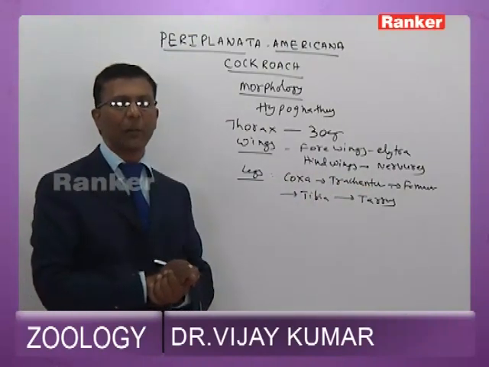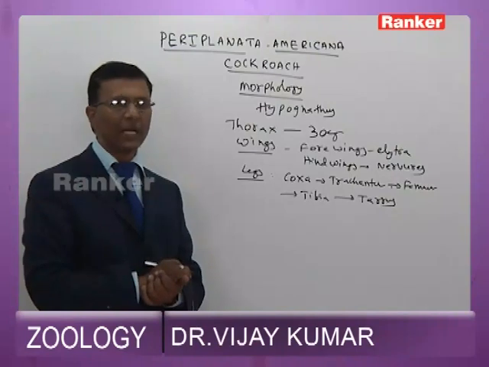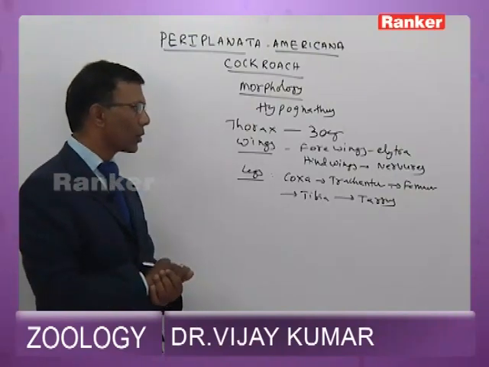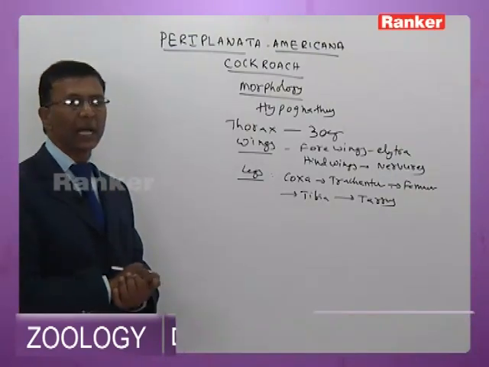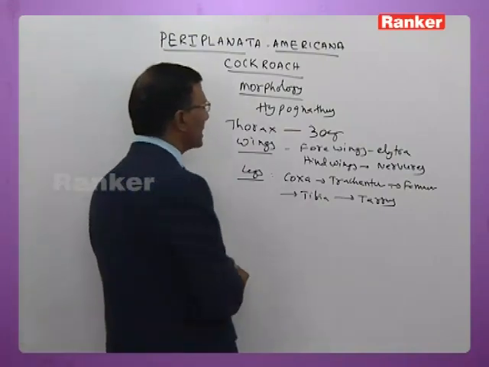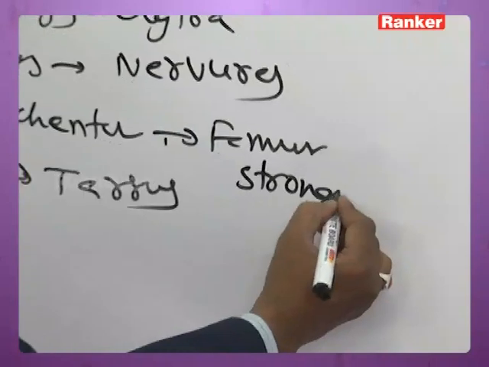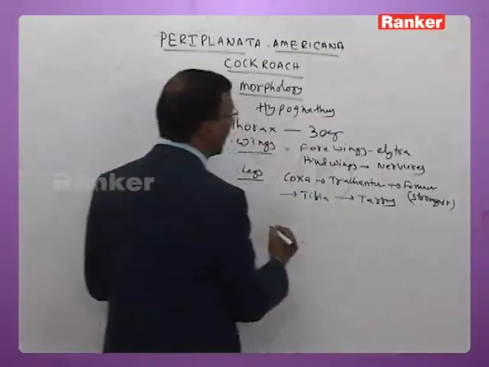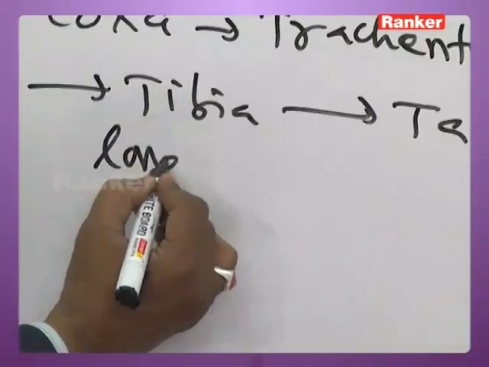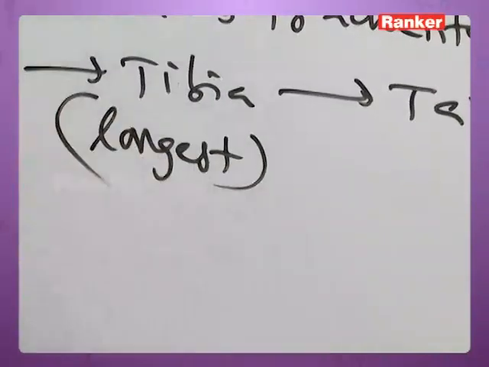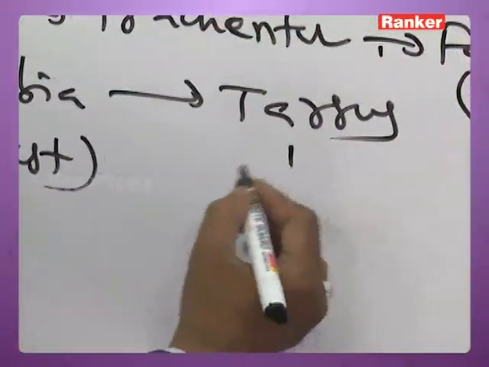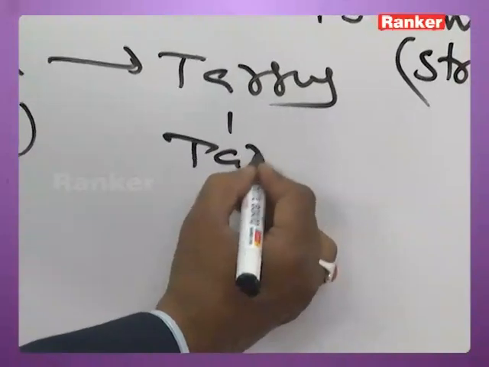So each leg is formed by 5 podomeres. Among these, femur is the strongest podomere. Tibia is the longest podomere. Tarsus is in turn formed by fusion of tarsomeres.